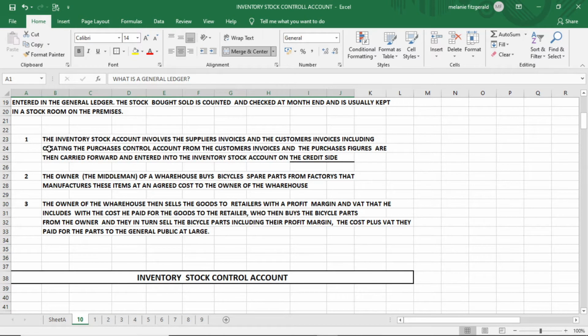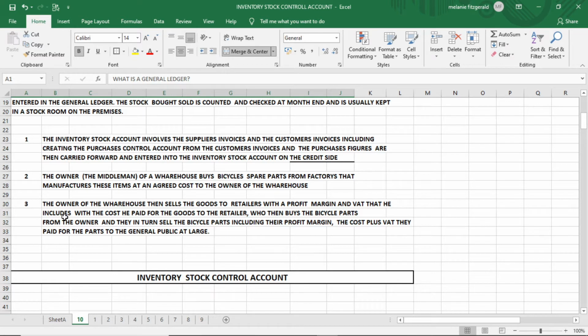Okay, number one. The inventory stock account involves the supplier's invoices and the customer's invoices, including creating the purchases control account from the supplier's invoices, and the purchase figures are then carried forward and entered into the inventory stock account on the credit side. Number two, the owner, the middleman of a warehouse, buys bicycle spare parts from factories that manufacture these items at an agreed cost to the owner of the warehouse.